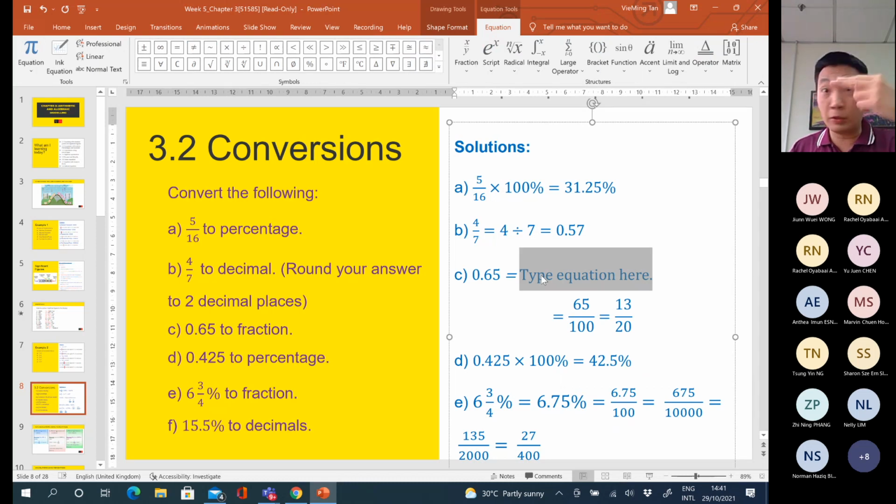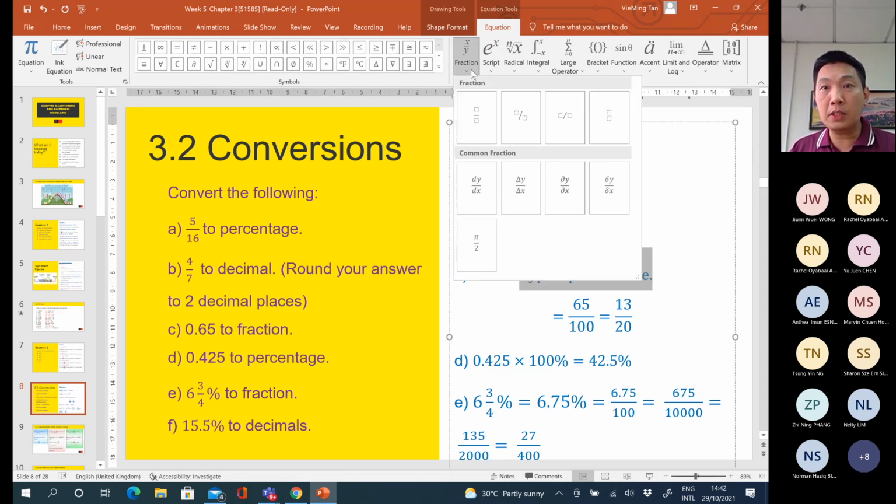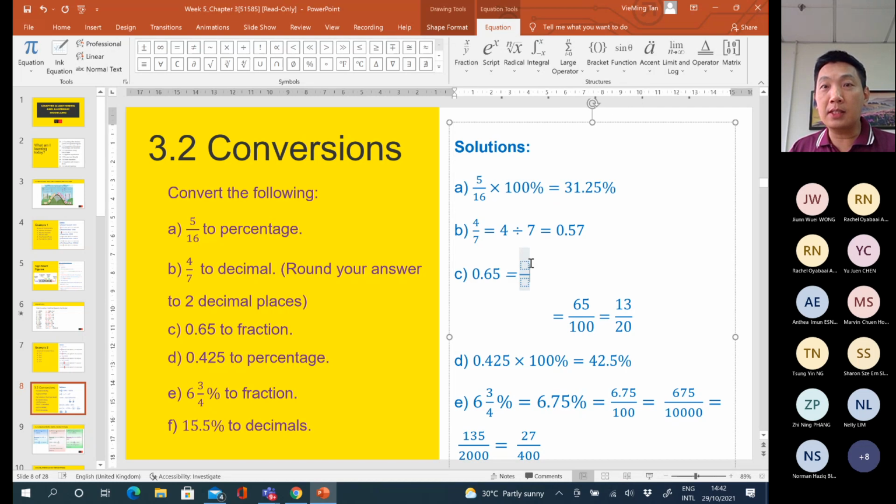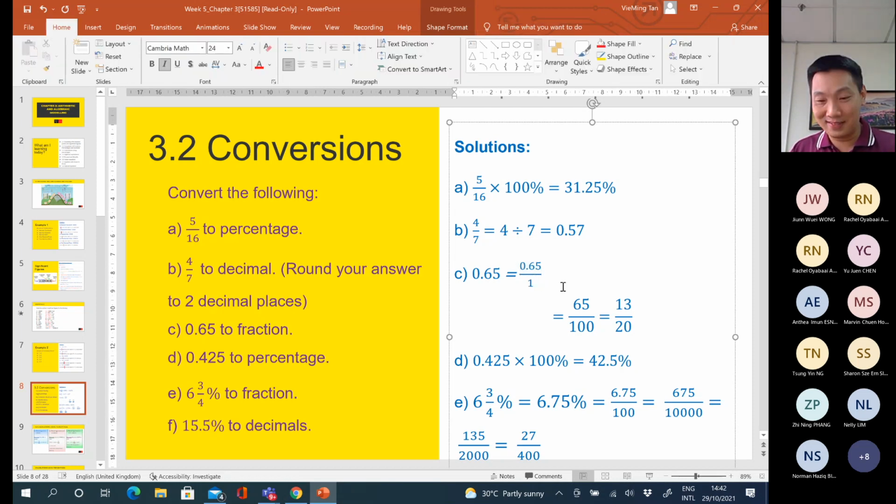So we know that for fraction there are 2 layers, right? Okay, so this is just to show you the workings. So this one means 0.65 divided by 1, right? That's the meaning. Fraction, right?